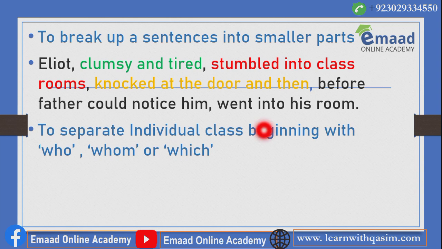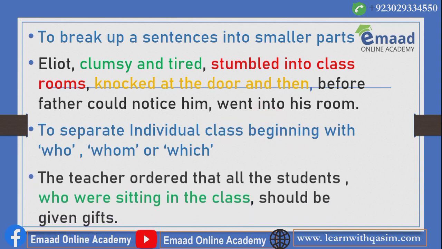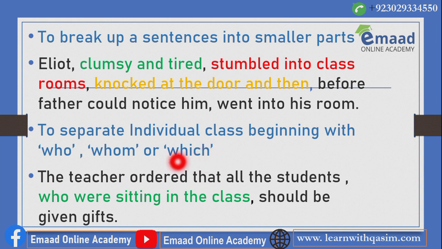We also use a comma to separate an adjectival clause. Actually, there is a mistake here. We use commas to separate an adjectival clause beginning with who, whom, and which. For example, the teacher ordered that all the students, who were sitting in the class, should be given gifts.